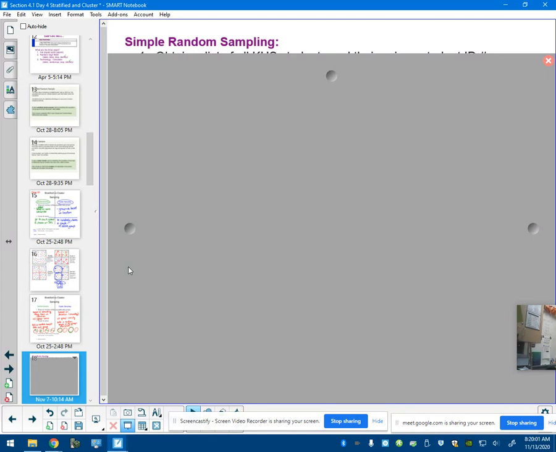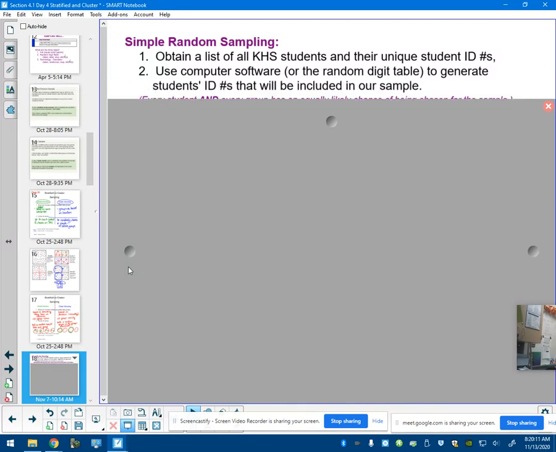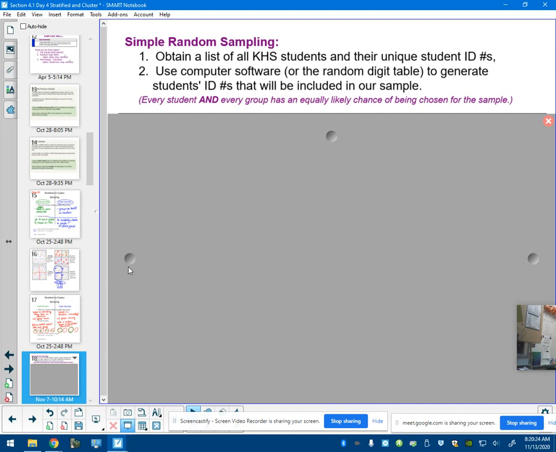If you wanted to do a simple random sample of that, you would obtain a list of all students and their IDs. You could use computer software to generate the student IDs that will be included in your sample. So maybe you say, I'm going to ask 100 students, are you coming to the play? Every student in every group has an equally likely chance of being selected.